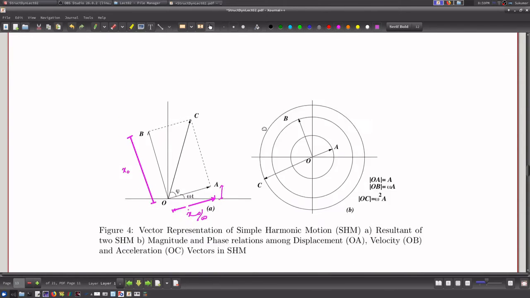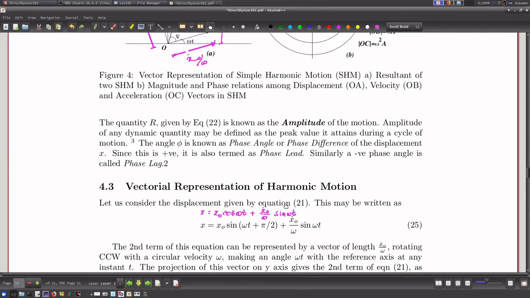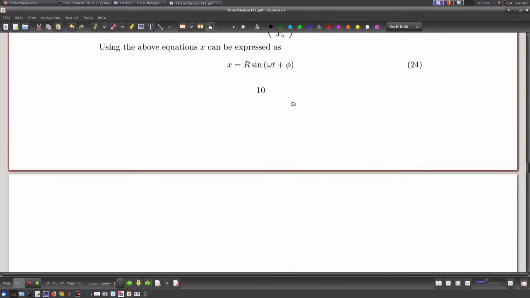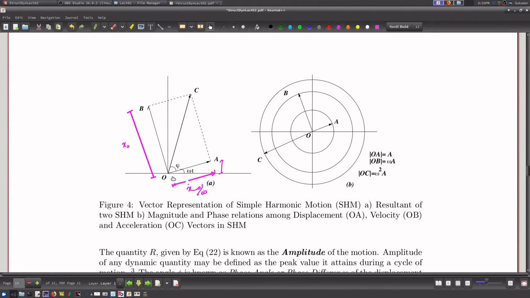So these equations simply mean that the harmonic quantities I can express as rotating vectors, and the speed of the rotating vector is same as the natural frequency of the system, that is omega. Clear? So the speed of rotation is omega.